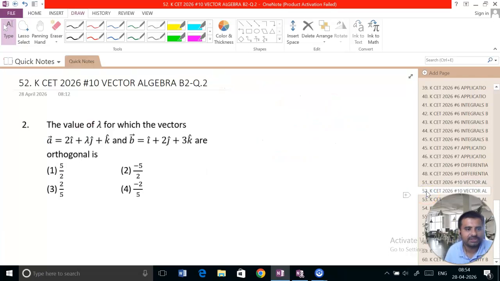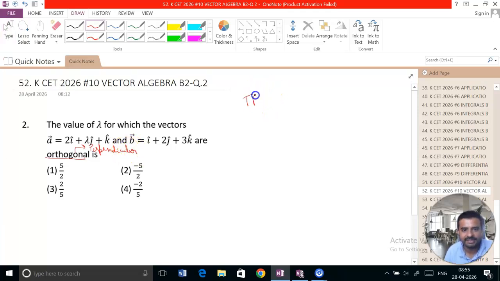Let's move on to question number 2, version code B2. You have to find out the value of lambda for which vector A and vector B are orthogonal. Please remember, orthogonal is nothing but perpendicular. The meaning of orthogonal is perpendicular.